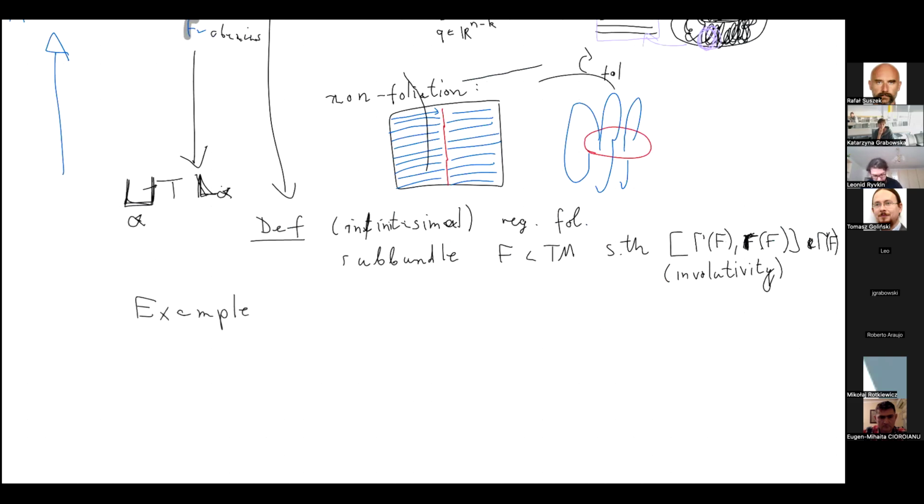The first class is fibers of a submersion. So we have a submersion between manifolds. We take the fibers as leaves, and more or less the rank theorem or the implicit function theorem will tell us that those form a foliation.